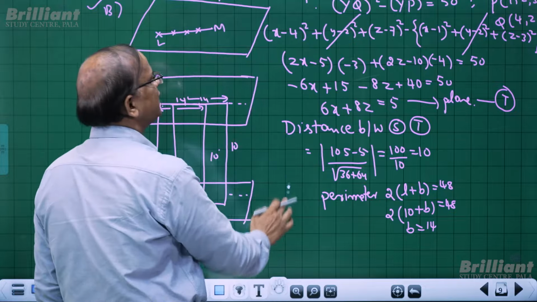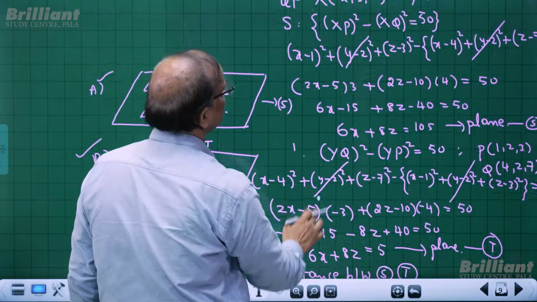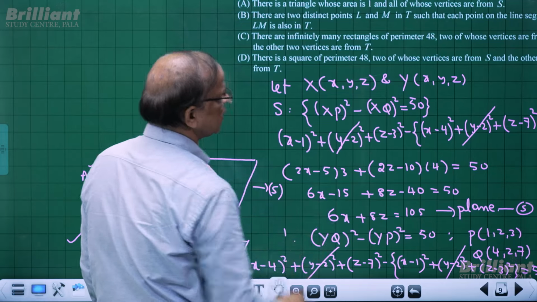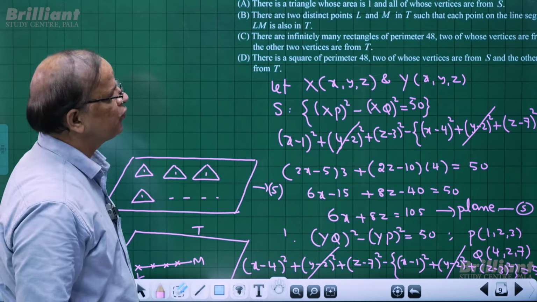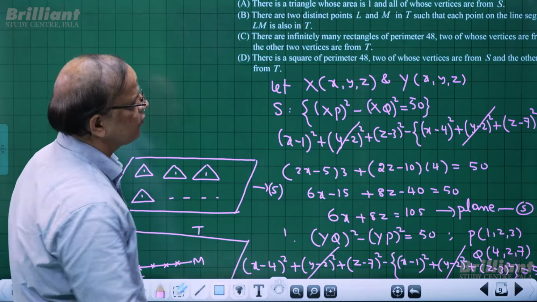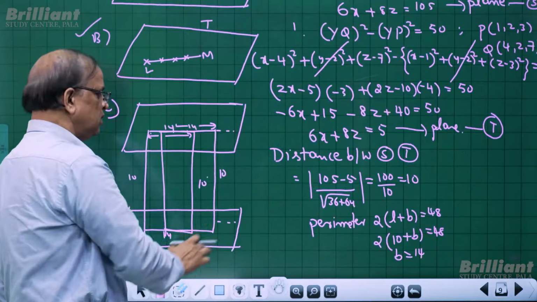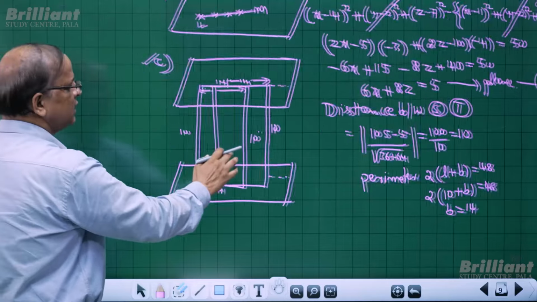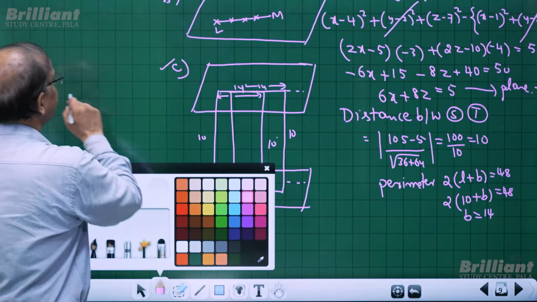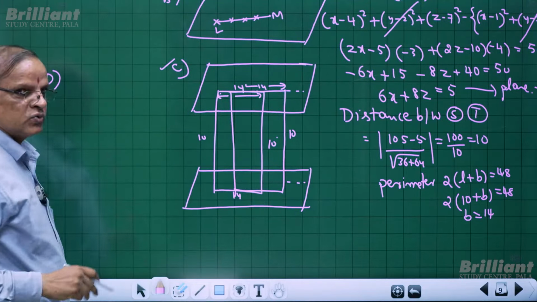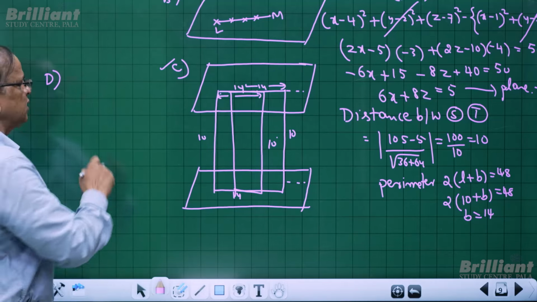Now, D is what? There is a square of perimeter 48, two of whose vertices are from S and others from T, same like this, but D only. So, D is a square of area 48.